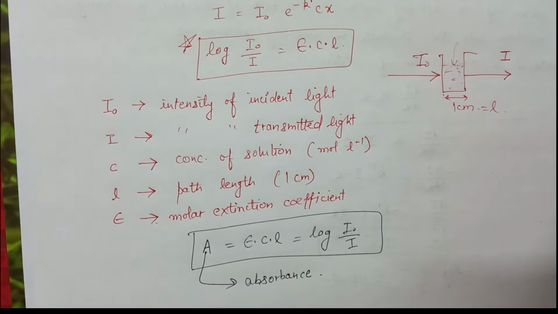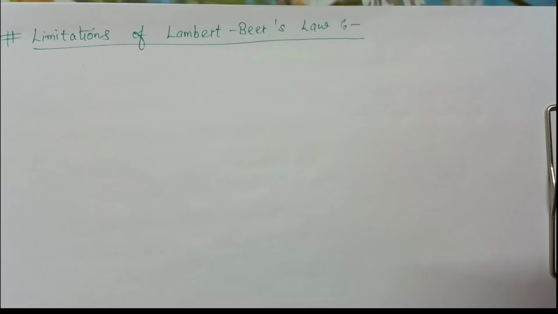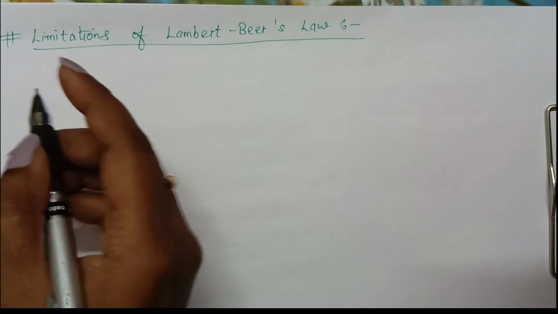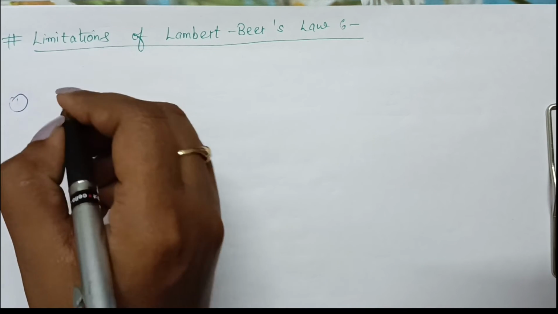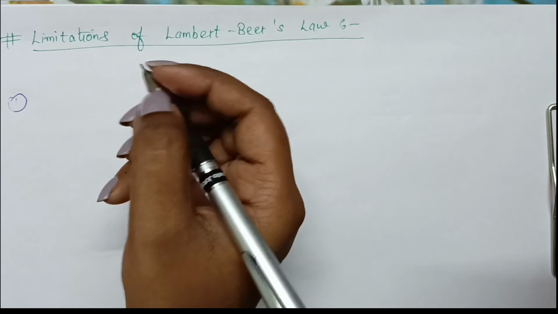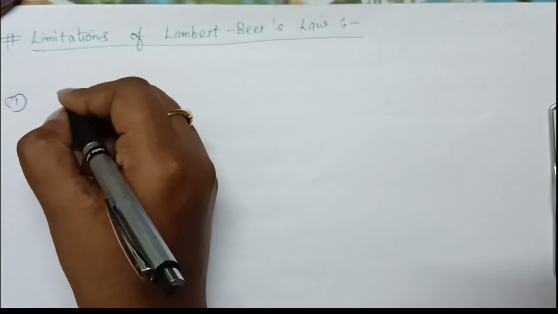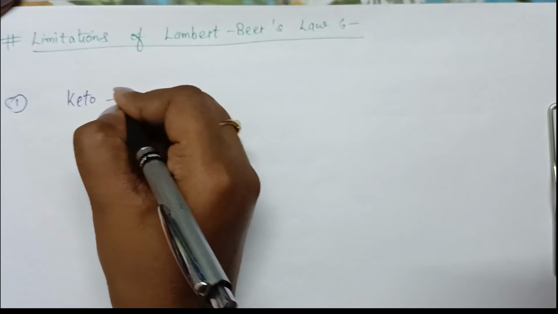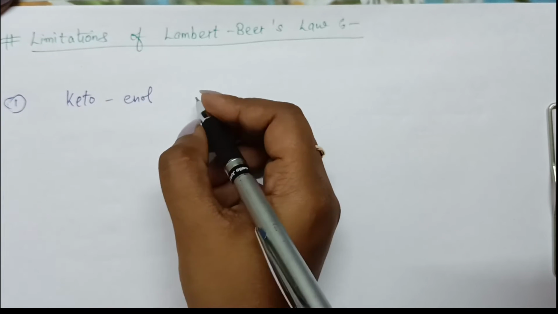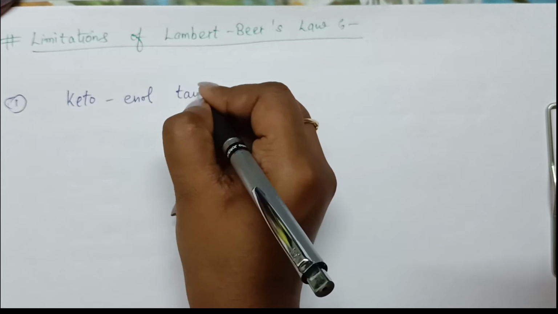Now this law has certain limitations. So now we will discuss the limitations of Lambert-Beer's law. This law is not obeyed when we have different forms of absorbing molecules in equilibrium. For example, keto-enol tautomerization.